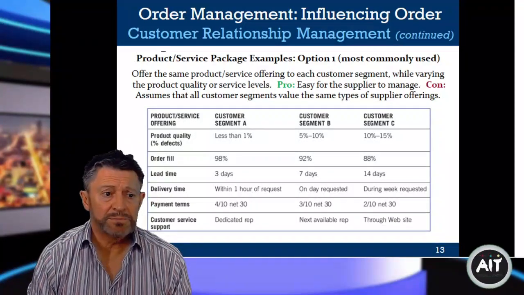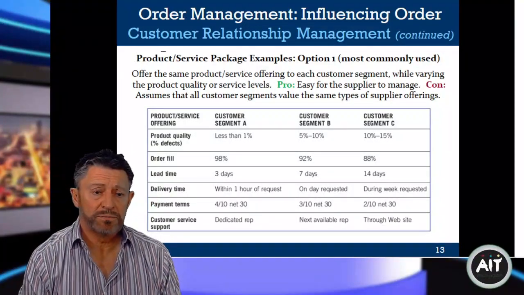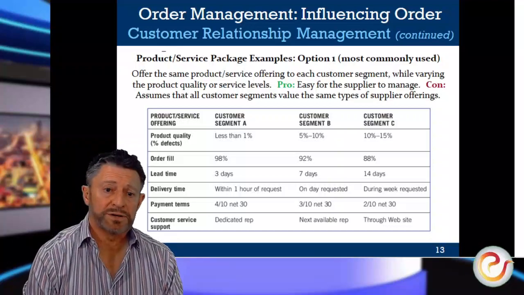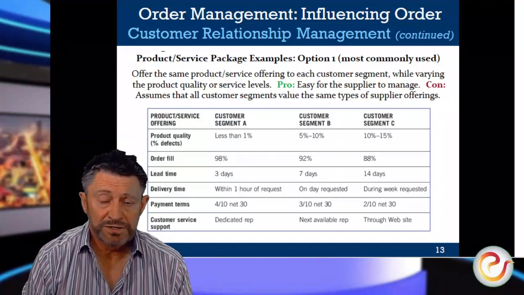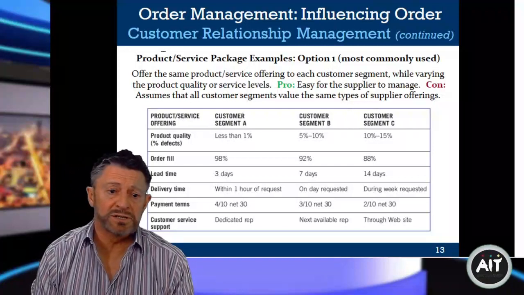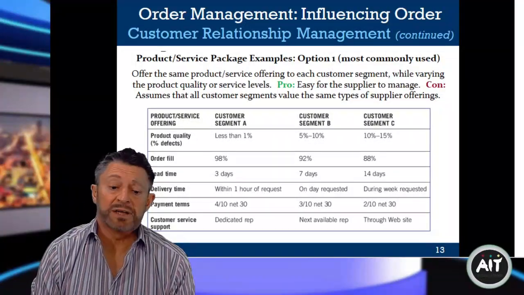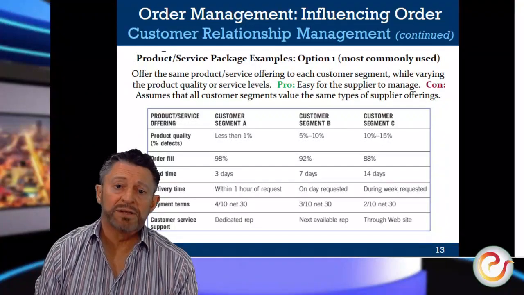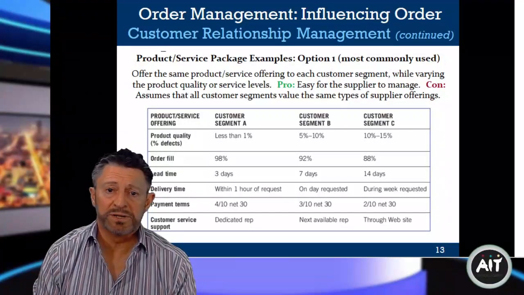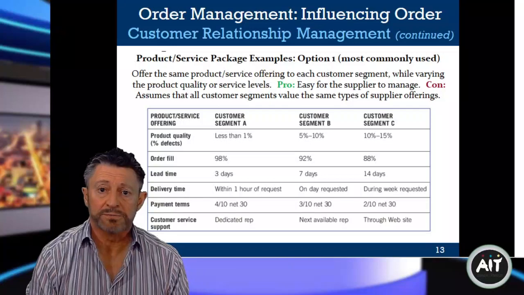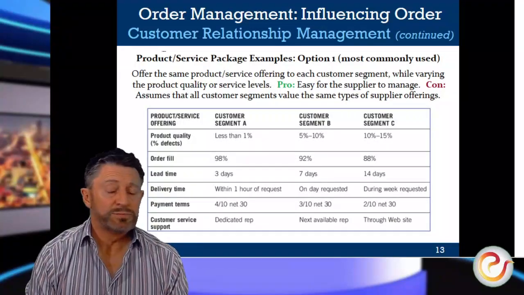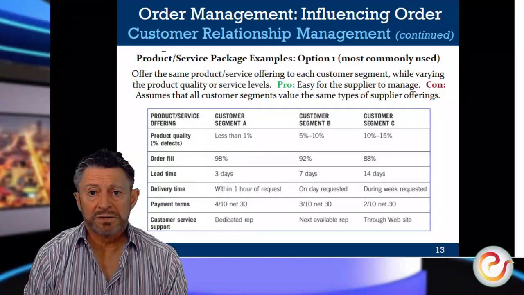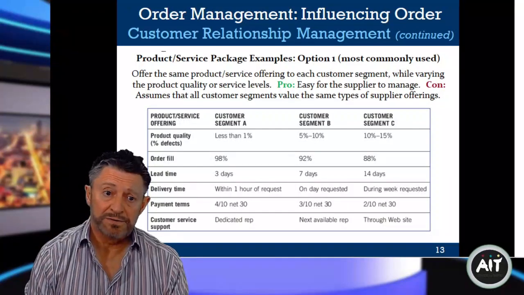If you look up here, for example, defects, quality or product defects, what's acceptable and not acceptable. If you're in customer segment C and you say 10 to 15% defects, well then can we have a suitable reverse logistics system which can take back these defects and replace them with new items? You might find that these could be retail items that have a long shelf life.